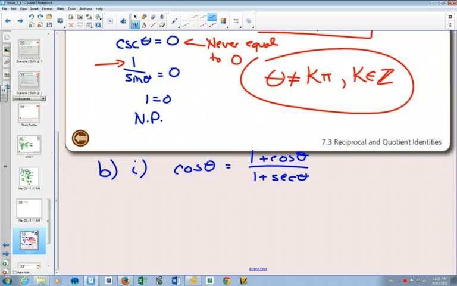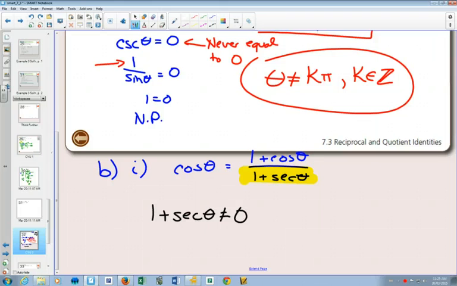The only place that we're dividing is right here. That's the only place that we're dividing. So it's only bad if 1 plus secant theta equals 0.